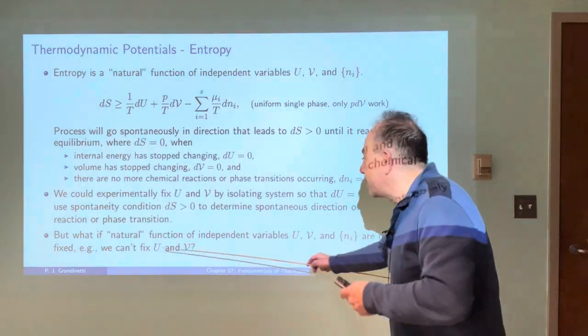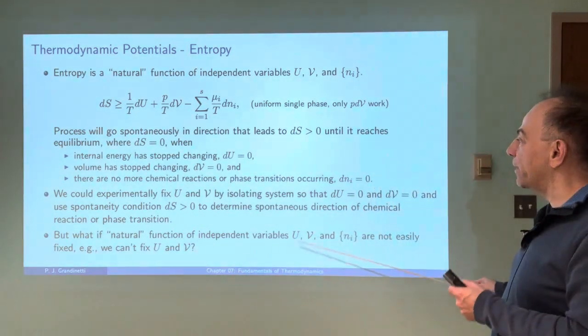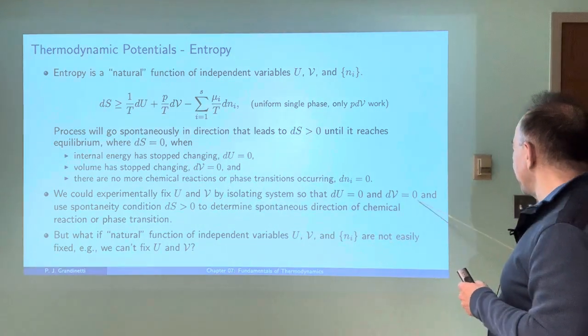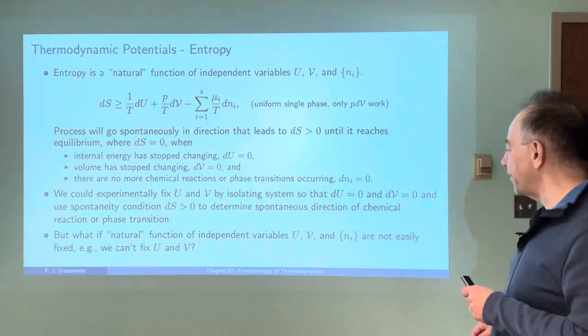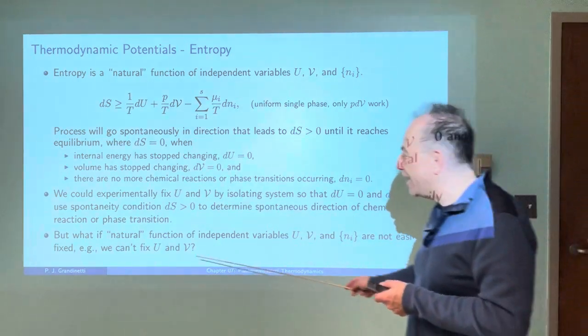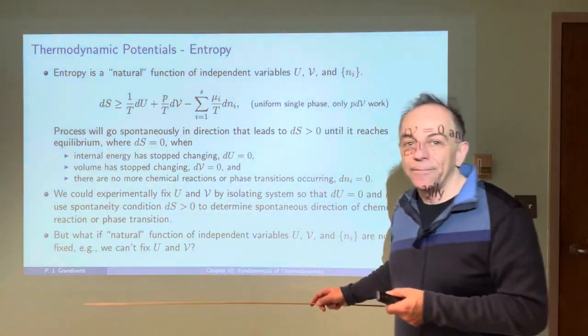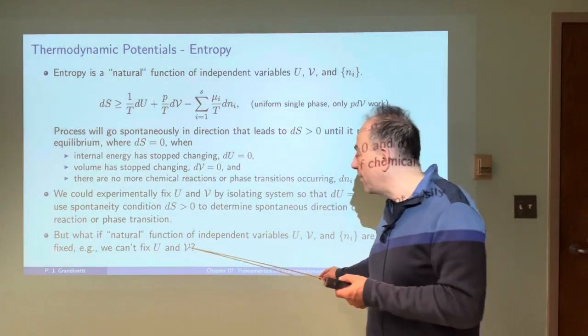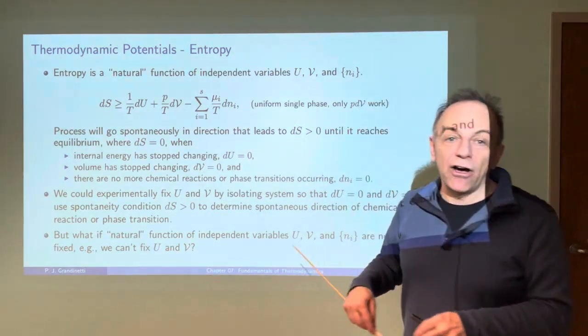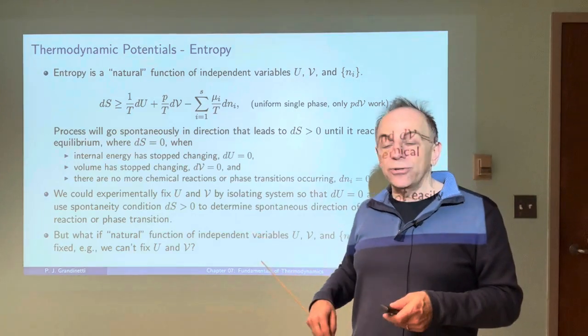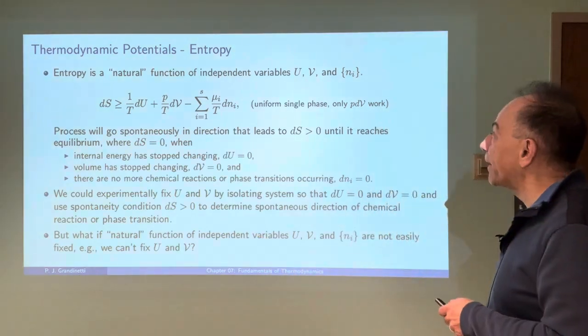So that would be a way that we could determine under these conditions which direction the reaction would go. But the thing is, you may not be able to easily fix the energy and the volume. Those are not easy experiments to do in the lab, right?